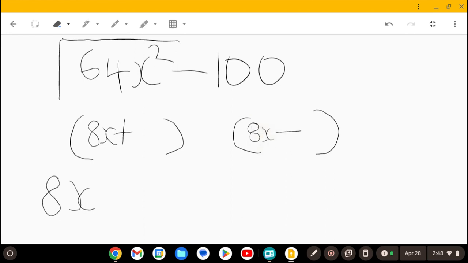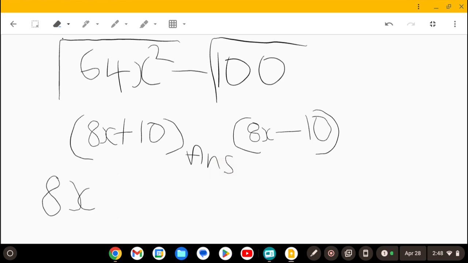Then you find the square root of 100, which is 10. So you write 10 on the right side of the first bracket, and then 10 on the right side of the second bracket. So this is our solution: 8x plus 10, 8x minus 10.